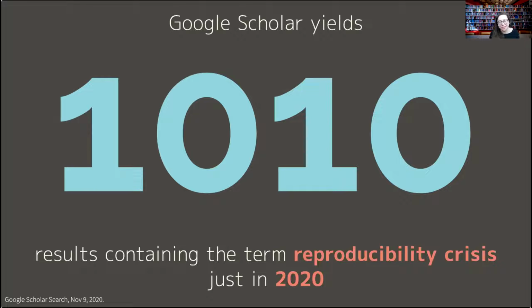Reproducibility crisis sounds a little more striking than reproducibility issues or improving your reproducibility. So maybe some of these things are getting published because of the terminology they use. But I think we can all agree that there is an issue with reproducibility on many axes, and computational reproducibility is one of them.